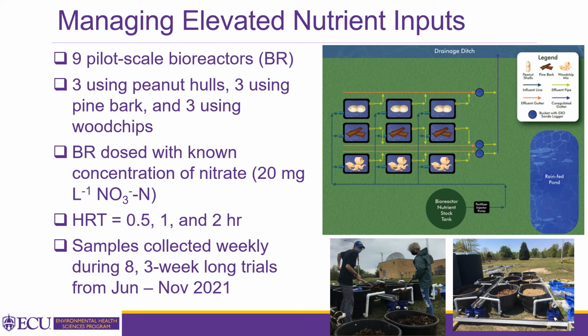So the next question becomes, how can we effectively manage these elevated nutrients? Which leads us to our final question, where we wanted to consider what types of carbon-rich media would be most effective at removing nitrate. So in this project, we had 9 pilot-scale bioreactors, 3 using peanut hulls, 3 using pine bark, and 3 using wood chips. Each of these bioreactors were dosed with 20 milligrams per liter of nitrate at varying hydraulic retention times during 3-week-long trials that began in June 2021 and extended through November 2021.